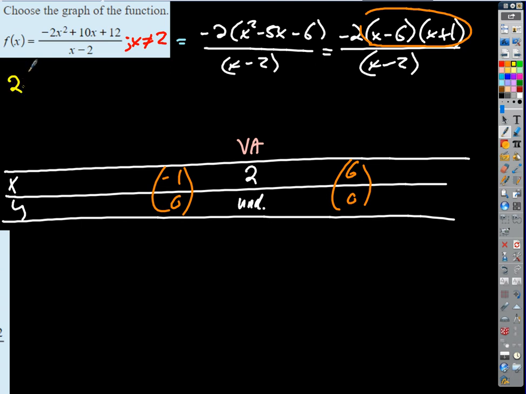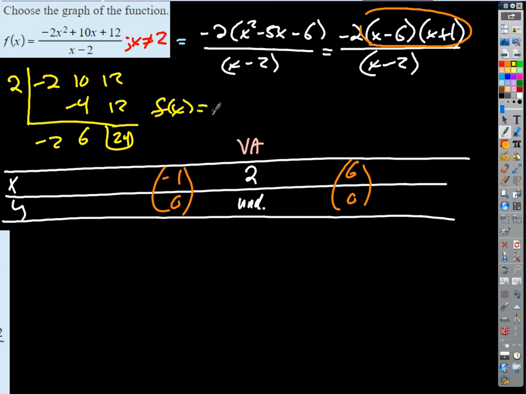I get -2 out front, then -2, 10, 12, -2, -4, 6, 12, 24, right? So that tells us f of x equals -2x plus 6 plus 24 over x minus 2, right?